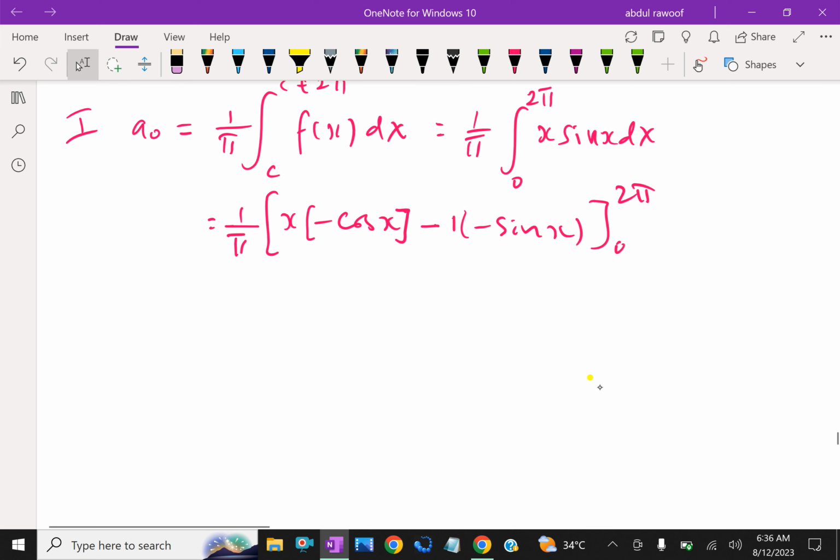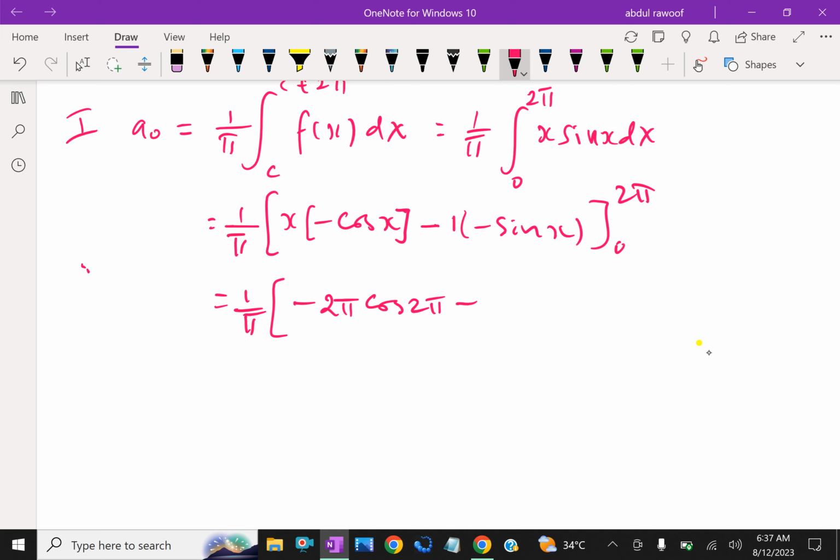Here, simplifying, 1 by pi. That means you are giving the limits 2 pi and 0. Which gives minus 2 pi cos 2 pi plus sin 2 pi.